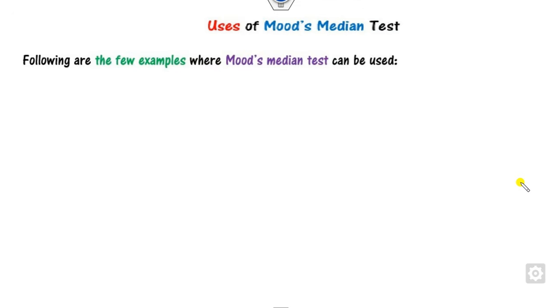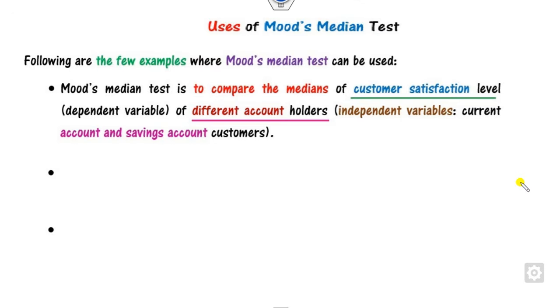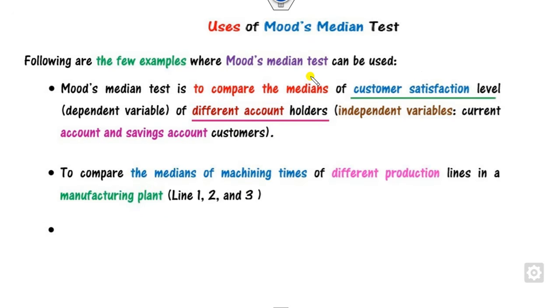You can use the Mood median test in your day-to-day life. There are many examples, like when you want to compare the satisfaction levels, the dependent variable, across different account holders in a bank. Account holders may be current or savings. Whenever there are such problems, you always use the median test. In another case, when you want to compare the machine timings of different production lines in manufacturing, again you have to use the median test.